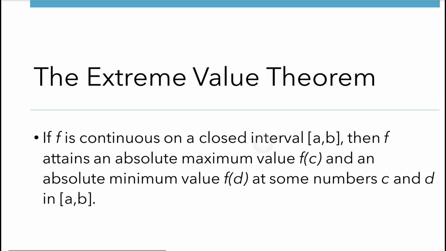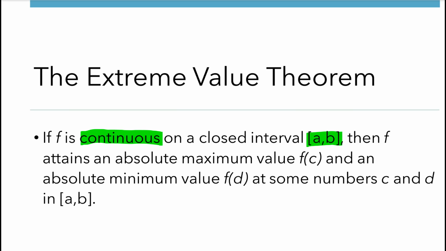And here we go. Here's our extreme value theorem. Of course, lots of words, but we're going to read it real quick. If f is continuous, I'm just going to highlight that word, continuous on a closed interval, then f obtains an absolute maximum value, f of c, and an absolute minimum value, f of d, for two numbers in the interval between a and b.